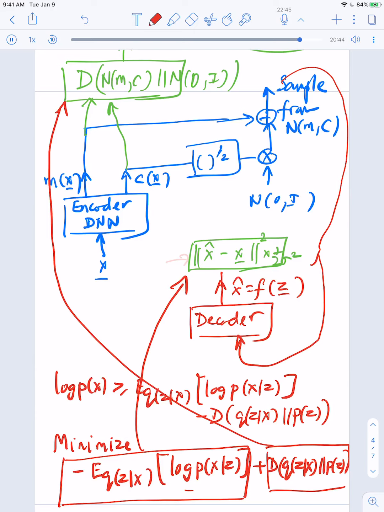As you can see, there is this attempt to be rigorous, saying, okay, I'm going to try to optimize something that is close to the log likelihood function, and that's where we started. But then we made a bunch of assumptions. We said, oh, well, I am going to approximate the encoder output by a Gaussian with mean mx and covariance cx.